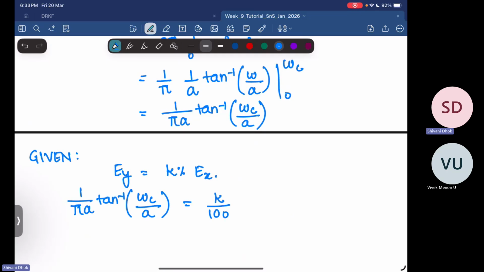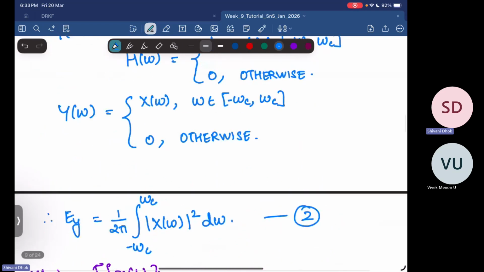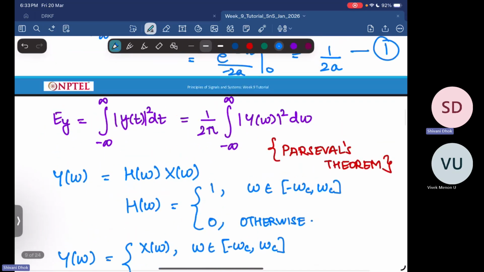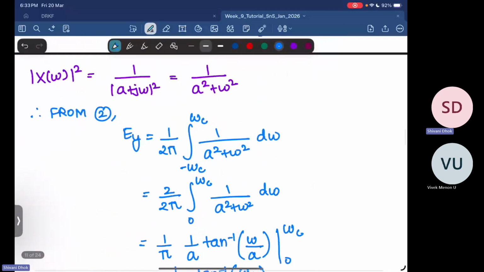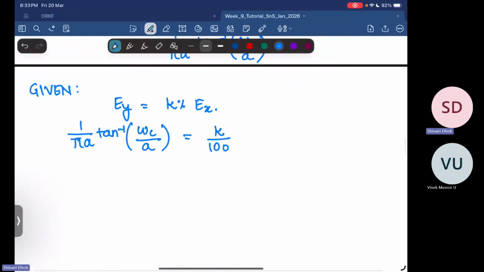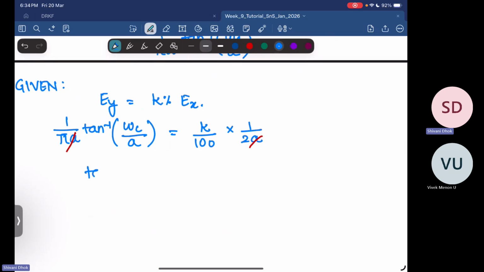I can write as k by 100 into Ex. Ex we obtained as 1 over 2a. This a here and this a here get cancelled. So what you get is tan inverse of omega c by a becomes k pi by 200.